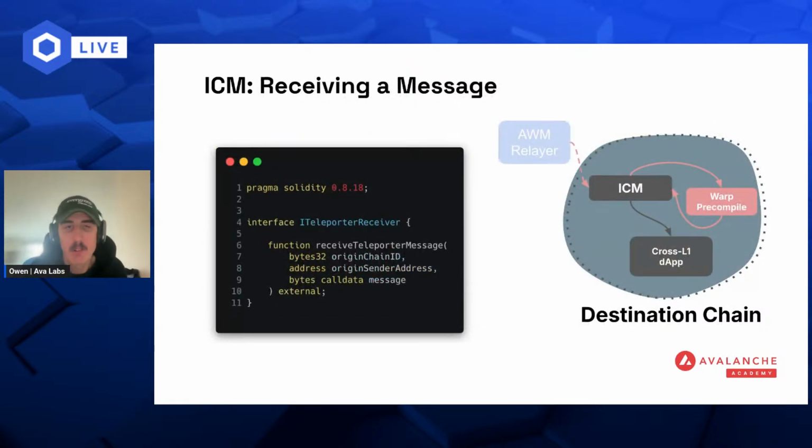And it's the same thing for receiving a message. You have a nice interface in your Solidity contract that will say receive teleport message, put whatever logic you want in there. The relayer will deliver the message. ICM will confirm it works with the Warp precompile, and then it will get processed to your dApp. Maybe this is a bit too involved for this workshop, but the TLDR on the Warp precompile is it's included within Subnet EVM.